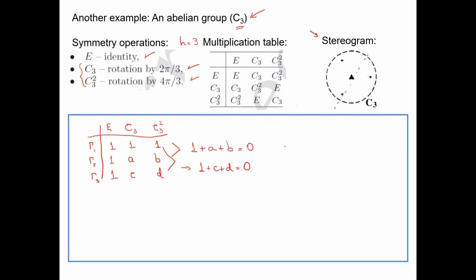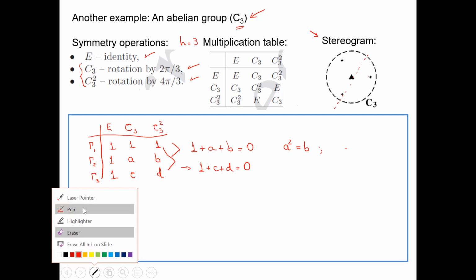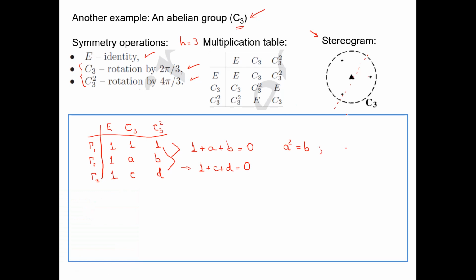So for instance, if I take A squared, because A is a 1D representation of C3, I must get C3 squared, which in this representation is B. So A squared is equal to B. And for the same reason, AB is equal to 1, because it corresponds to rotating by 2 pi over 3 and then by 4 pi over 3.